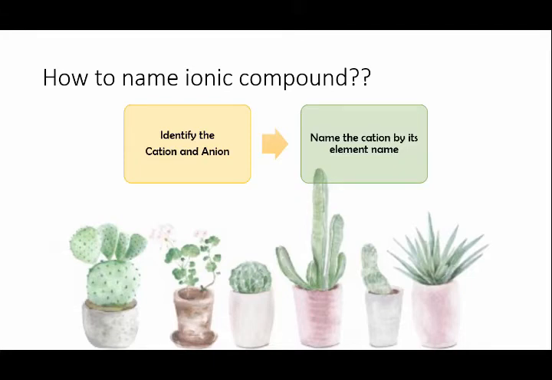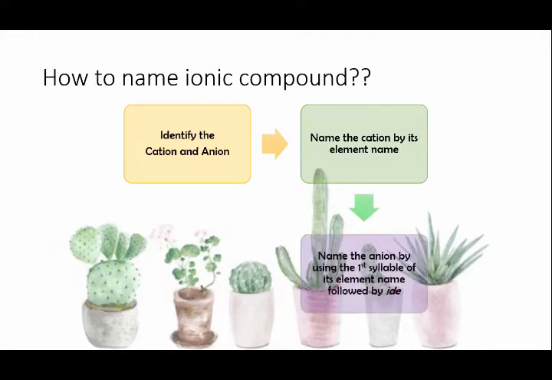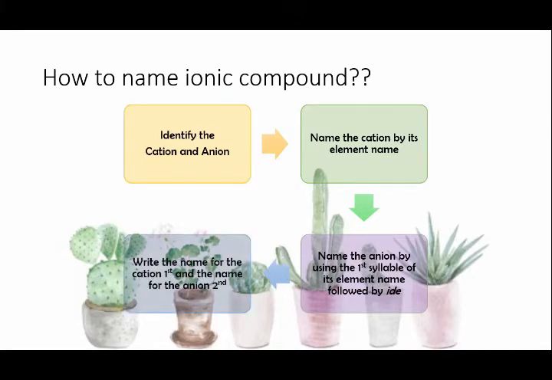Secondly, name the cation by its element name. Next, name the anion by using the first syllable of its element name followed by IDE. And lastly, we write the name of the cation first and then followed by the name of the anion.